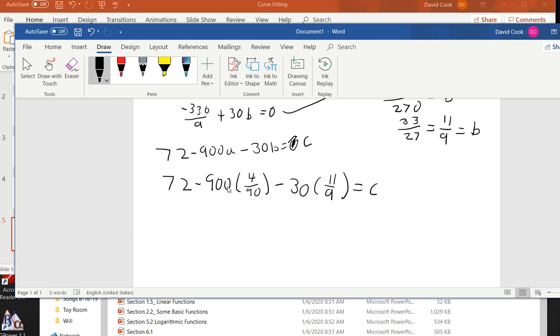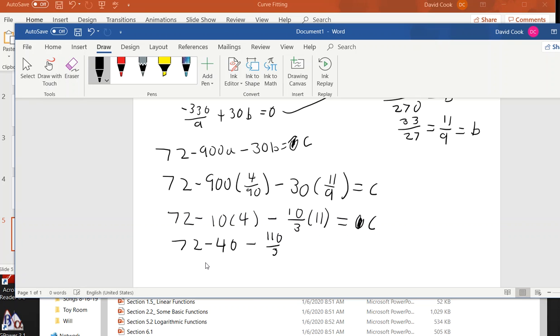So 72, and 900 over 90 is 10, times 4, minus 30 over 9, which is the same as 10 over 3, times 11. And that equals C. So this becomes 72 minus 40, and then minus 110 over 3.